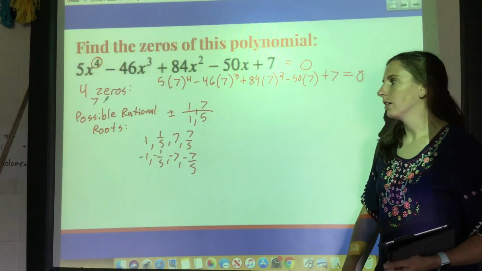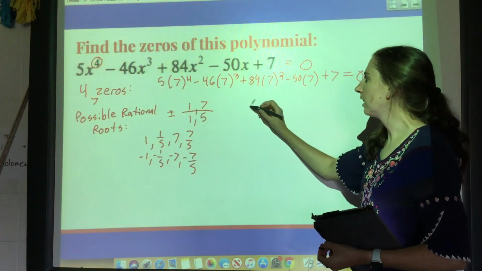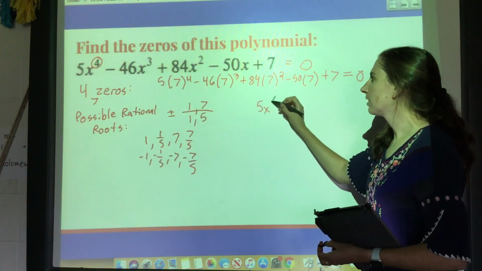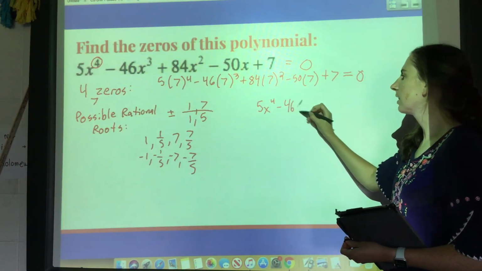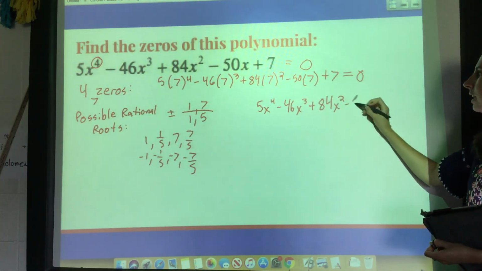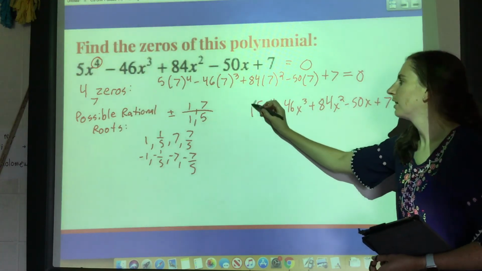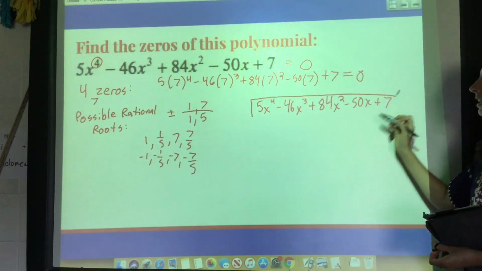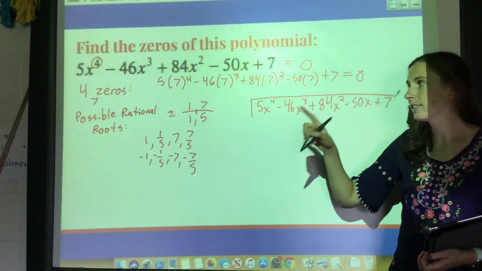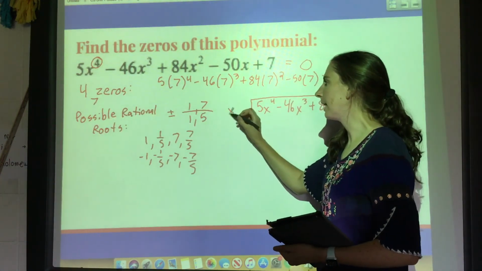To find the others, I'm going to need to do long division. So if I list out 5x to the 4th minus 46x cubed plus 84x squared minus 50x plus 7, and I divide this whole big long thing by, not by 7, but by its factor, which would be x minus 7.